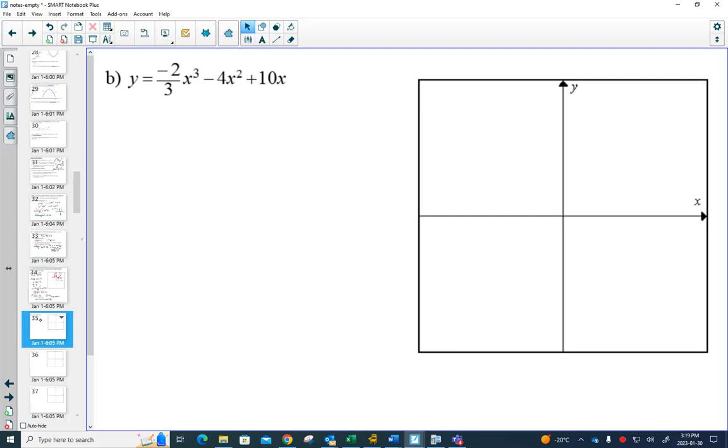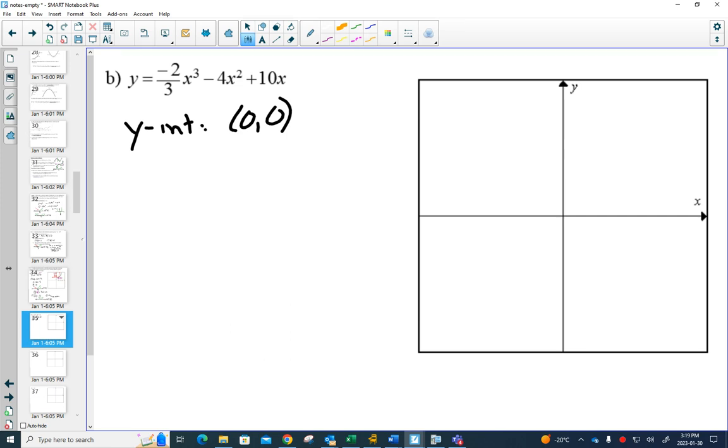This does look like one that wouldn't be as enjoyable to graph anyway. First of all, can you see that your y-intercept, if you plug in 0 for x, is 0? Does this look like it will factor nicely?